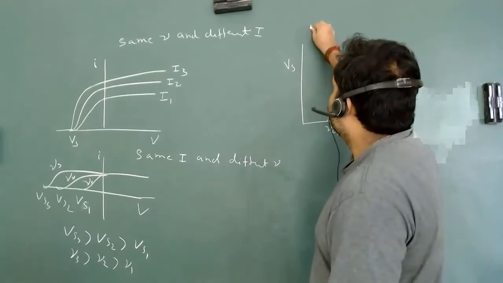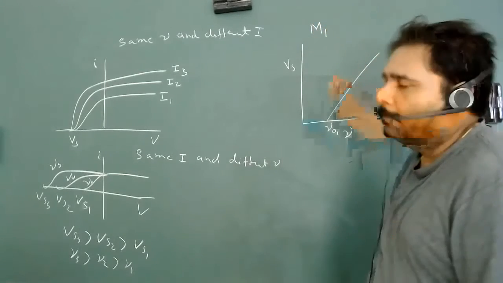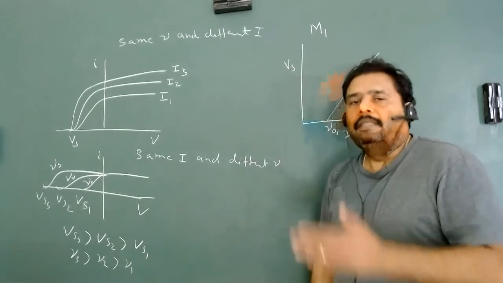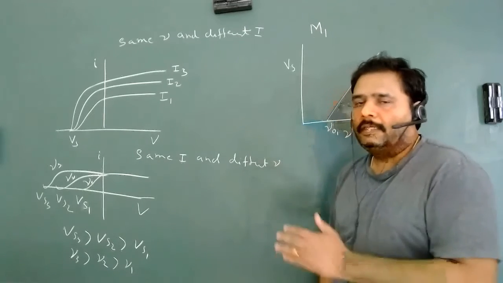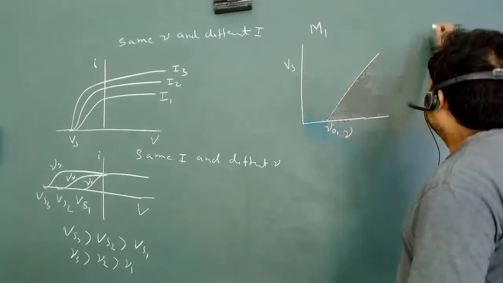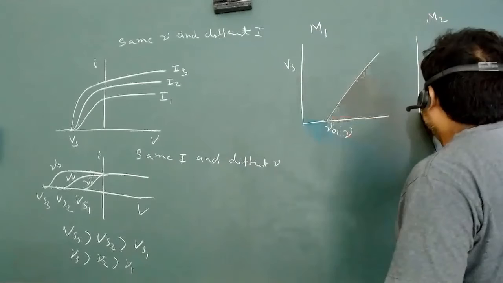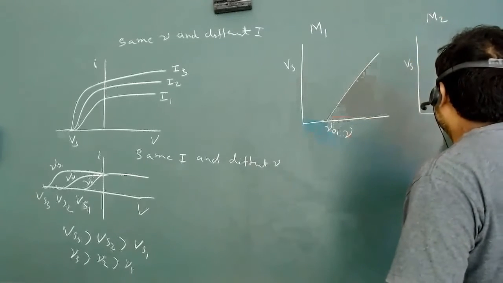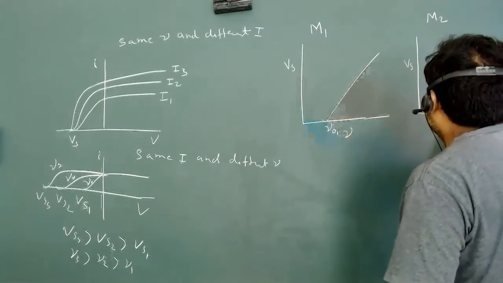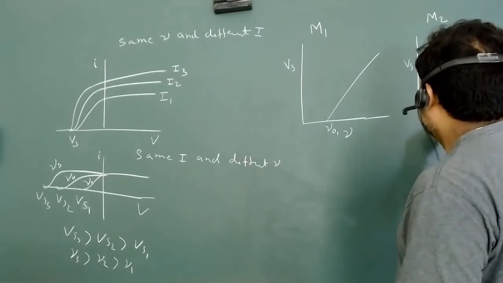Because he plotted this curve for different metals. So this is for metal 1, and this metal is the metal of the emitter. And again, for a different metal, let's say metal 2, he has the same kind of curve, Vs versus frequency, but this time he has a different nu naught.